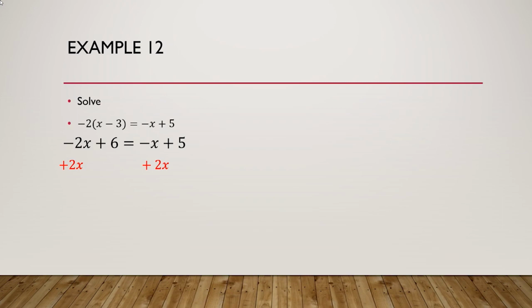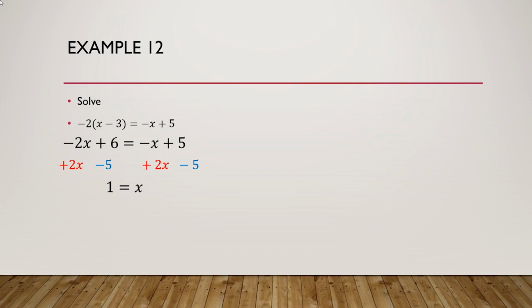Now, what you can do as well is, since you're moving all the x's to the right-hand side, you can move all your numbers to the other side, which means that you would subtract both sides by 5. And you can do that in the same breath, same line. And so the -2x plus 2x, that cancels. 6 minus 5 is 1. -x plus 2x gives you 1x, which is the same as x.